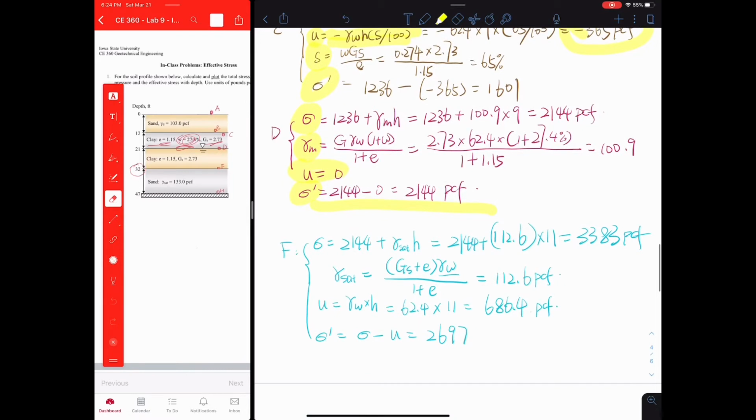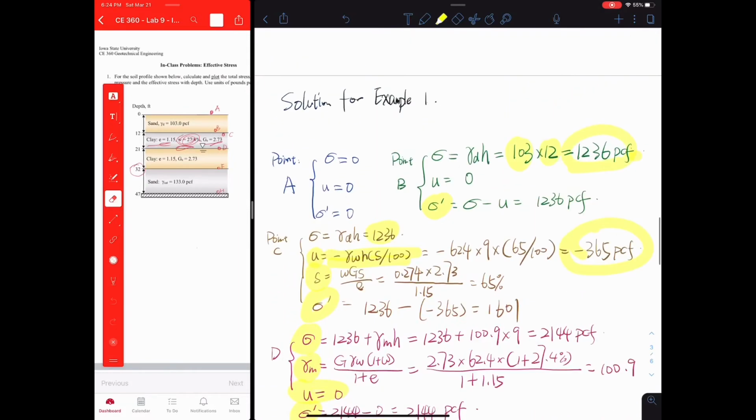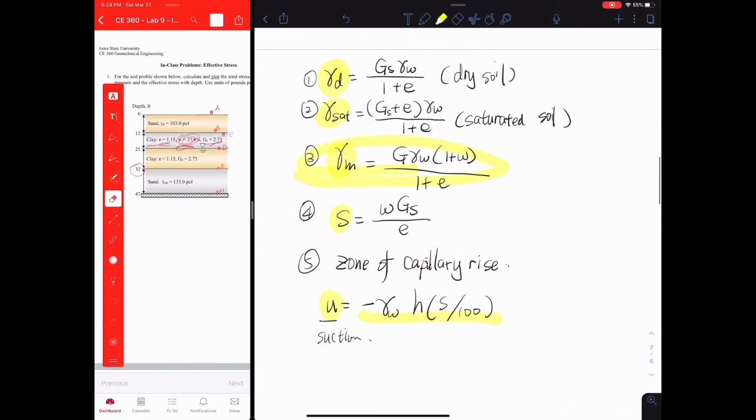And for point F, the total stress we will do in the same manner as point D, with the difference that the moist unit weight now becomes the saturated density. So how do we calculate the saturated density? Still, we come to the equation that we talked about before at the beginning of this class, which is the second one here.